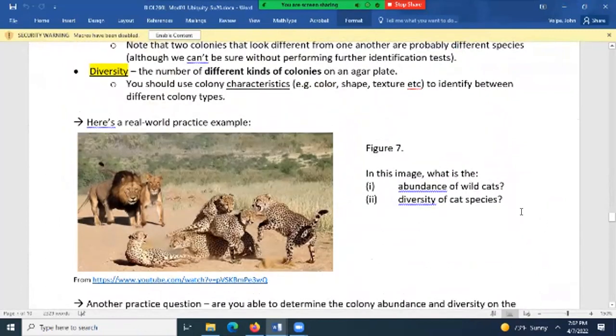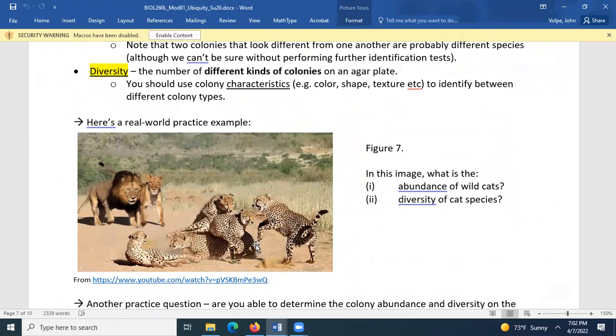So what is the abundance of cats in this picture? Come on, what's the abundance of cats? Somebody has to answer. 7. 1, 2, 3, 4, 5, 6, 7. Yeah, you just count them, and there's 7 cats. And what's the diversity of cats? 3.